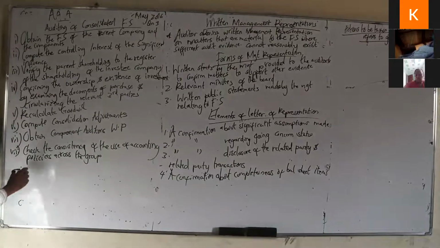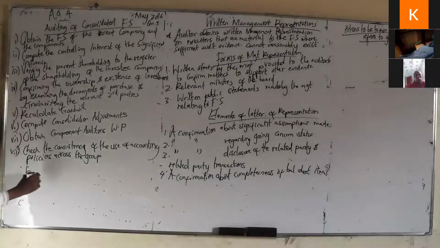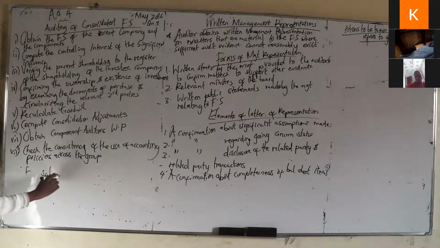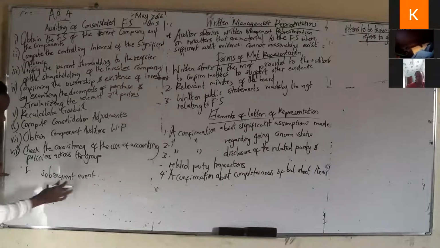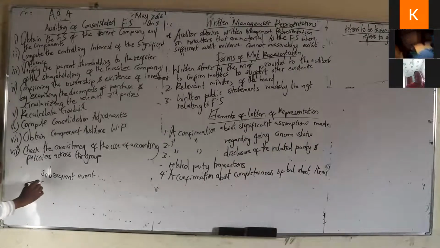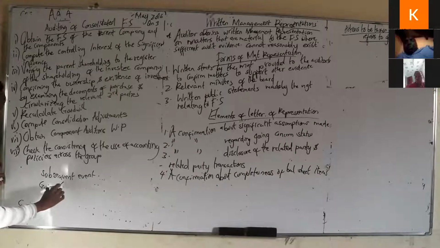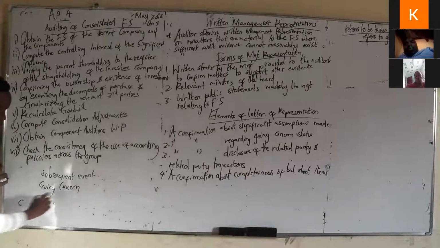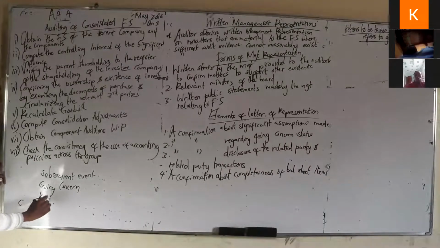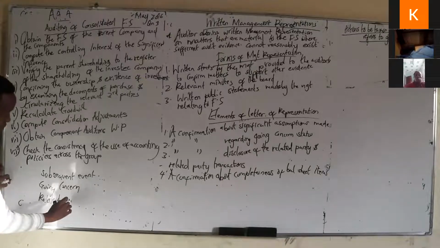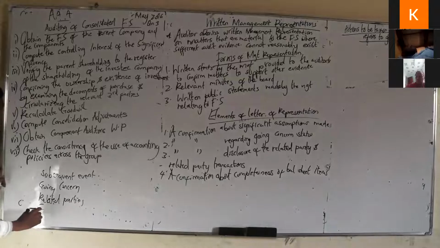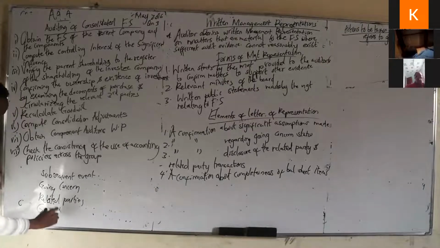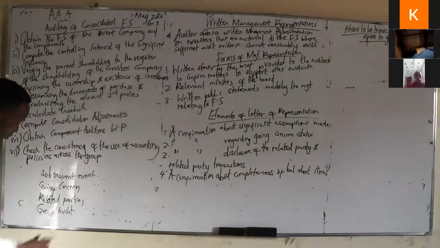So review the subsequent events, which is very examinable, and also the going concern and the related parties, and also the group accounts, the group audits. So we will continue from there.